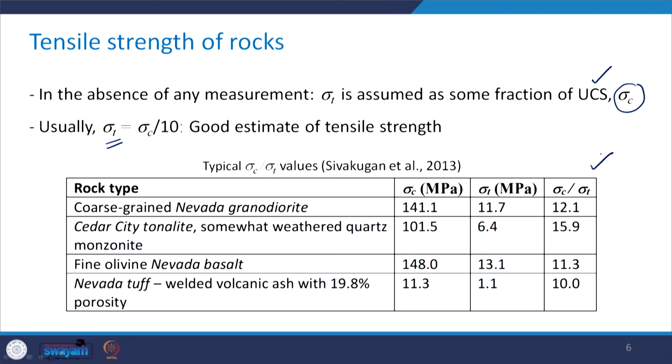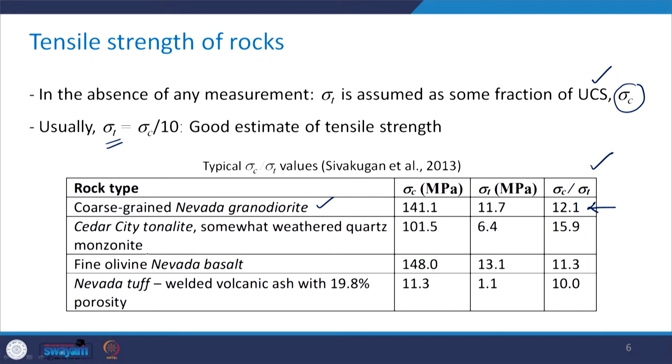Some typical values of the ratio of compressive strength to tensile strength have been given in this particular table. Here you have the coarse grain Nevada granodiorite, for which sigma c by sigma t works out to be 12.1.